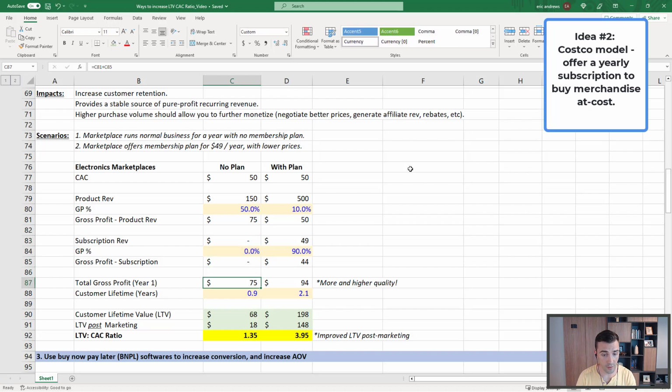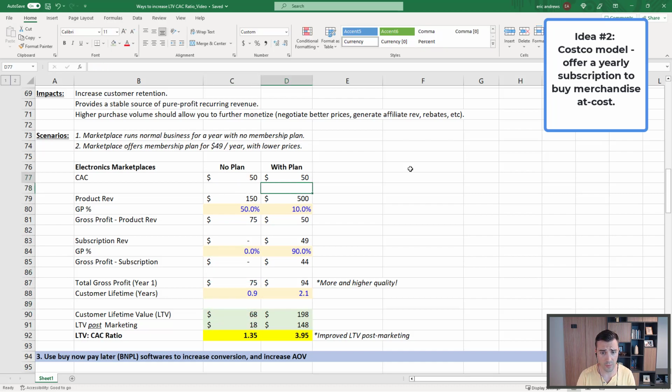So their total gross profit in 1 year is $75. That being said, their typical customer they only retain for 0.9 years, maybe 10 months. And so their customer lifetime value is actually a little bit less than 1 year of gross profit. So it ends up only being $68.